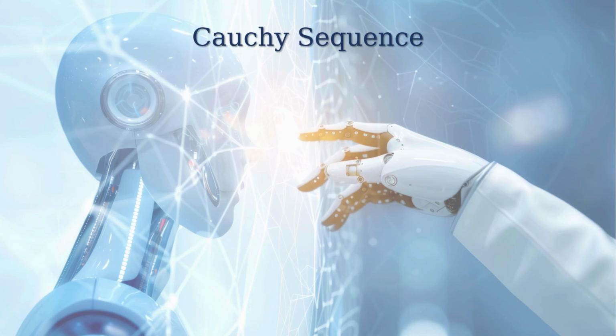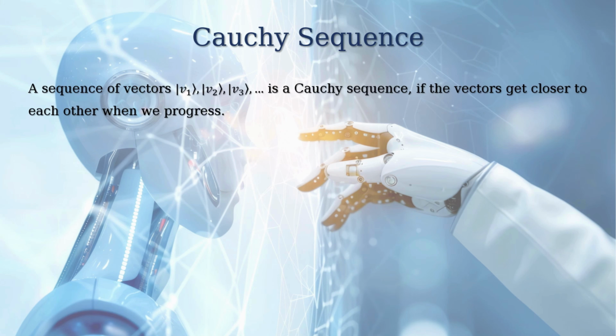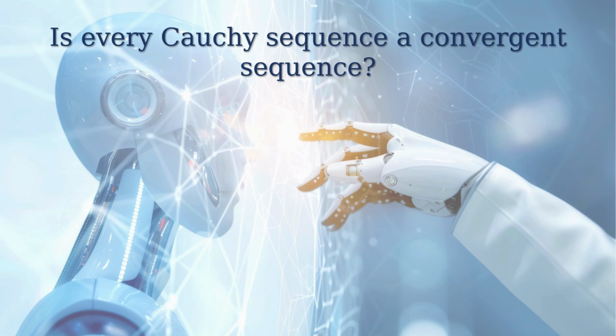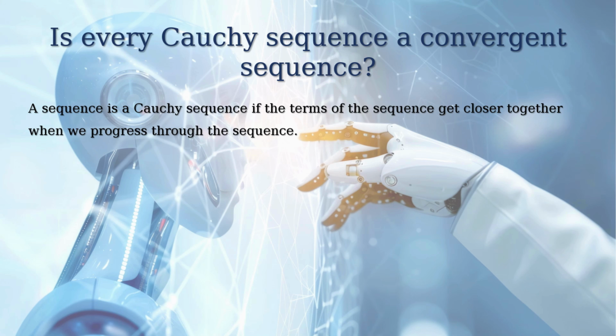So, what is a Cauchy sequence? A sequence of vectors is a Cauchy sequence if the vectors get closer to each other as we progress. Is every Cauchy sequence a convergent sequence?